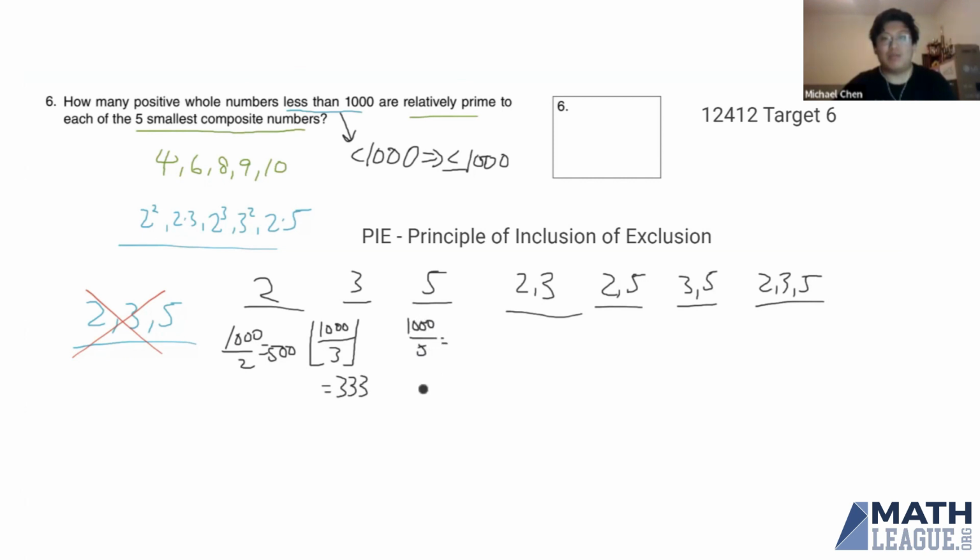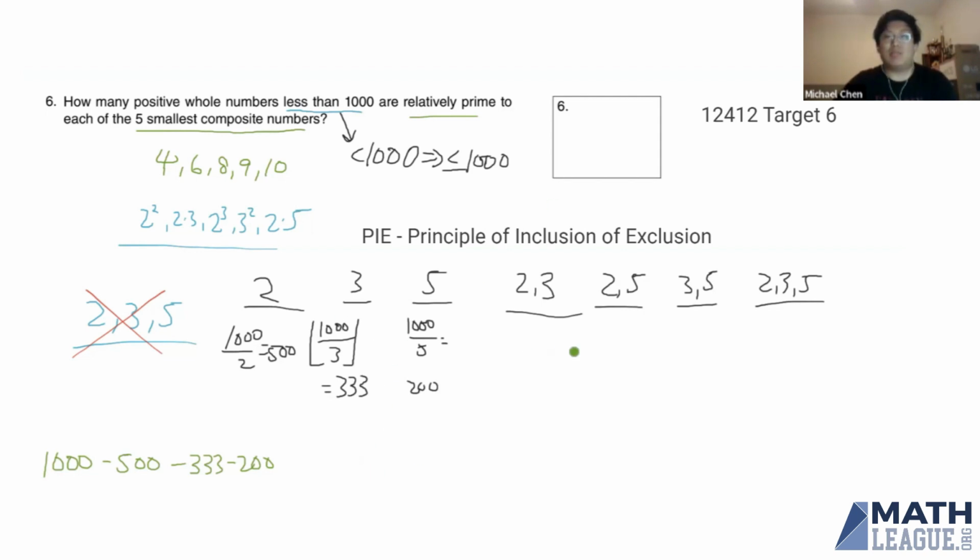That gives us 200. Now, the reason we need to include the other ones is that if I say I have 1,000 numbers, and I subtract out the 500, the 333, and the 200 numbers that are divisible by each of 2, 3, and 5, then I will end up with a total of negative 33 positive whole numbers relatively prime to each of the 5 composite numbers, and we know that isn't true because I can't have a negative number of numbers.